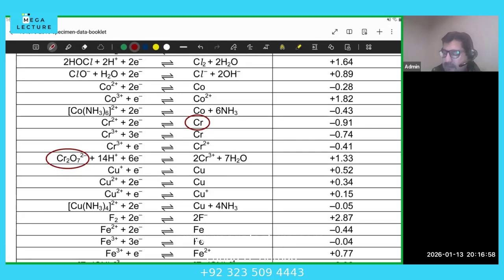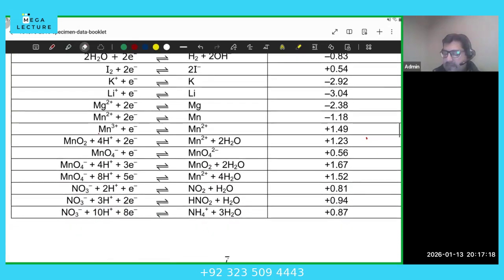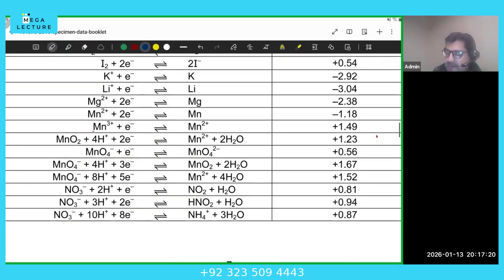So chromium might first turn into chromium 2 plus, and then that chromium 2 plus might turn into chromium 3 plus, and then that chromium 3 plus might be oxidized to chromium 6 plus, Cr2O7. So the problem is especially with substances that have many oxidation states. ये Mn का भी वही issue है. If you look at Mn, manganese turns to Mn2 plus, Mn2 plus turns to Mn3 plus, Mn2 plus also turns to Mn4 plus.